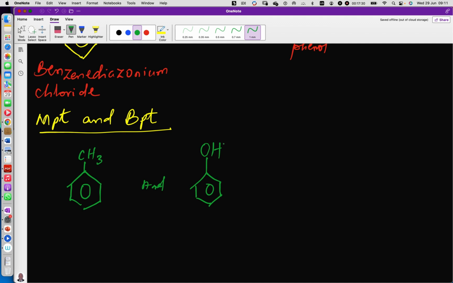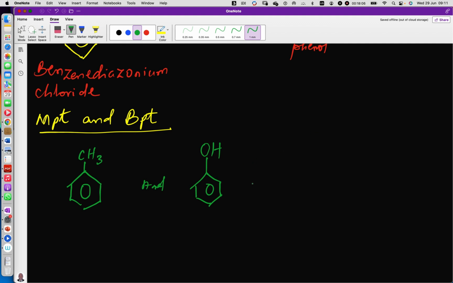So, phenol can form hydrogen bonds with water molecules, and there is the presence of weak van der Waals forces due to the non-polar nature of the benzene ring.